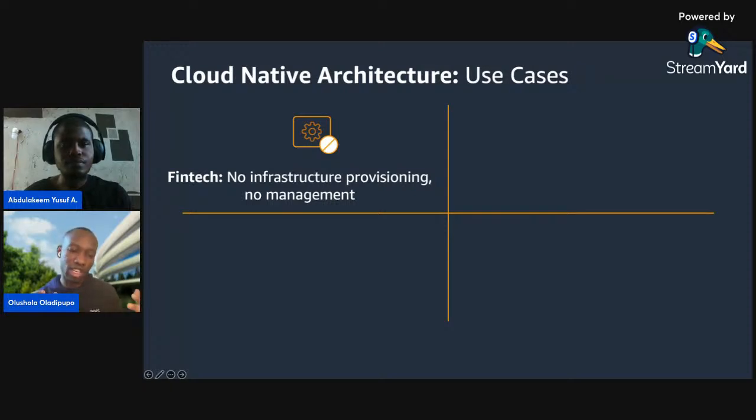So in fintech, it means that you can have secure, compliant, and scalable financial services. It also means, for example, you don't have to provision or manage the infrastructure. You can easily use serverless services and have them running so that whichever time everything is running, you're paying for what you use.